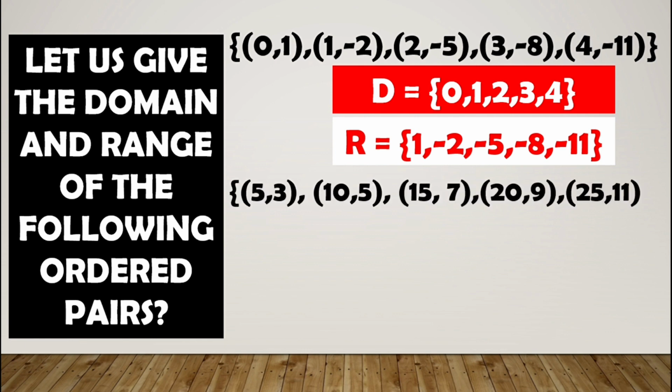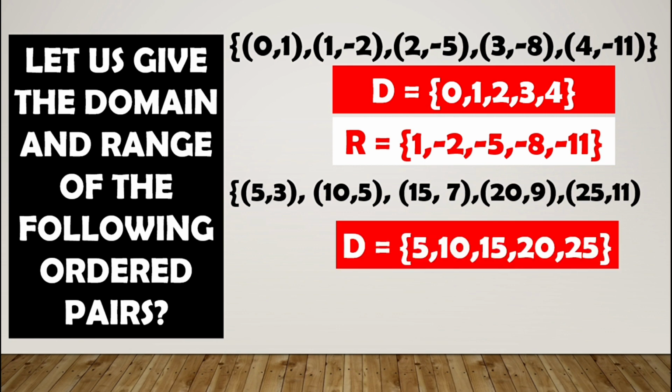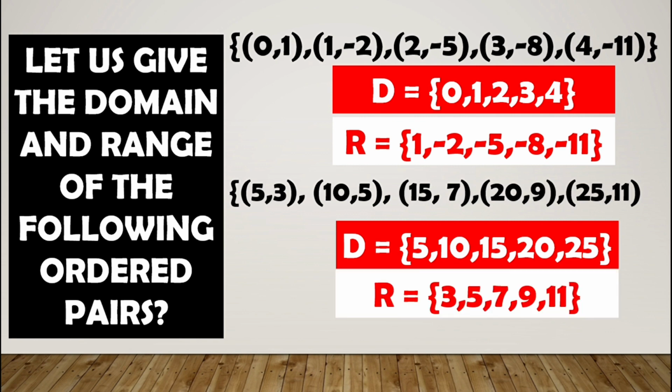For the second set, we have the ordered pairs (5, 3), (10, 5), (15, 7), (20, 9), (25, 11). The domain consists of 5, 10, 15, 20, 25, and the range consists of 3, 5, 7, 9, and 11.